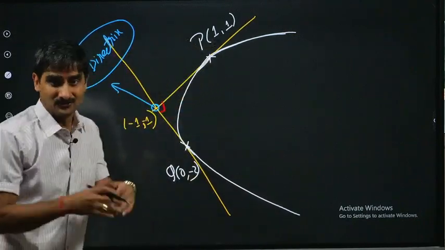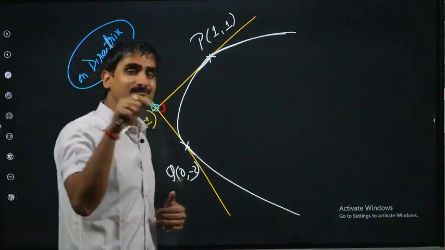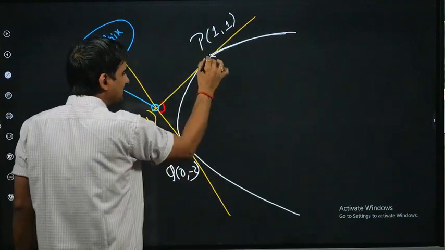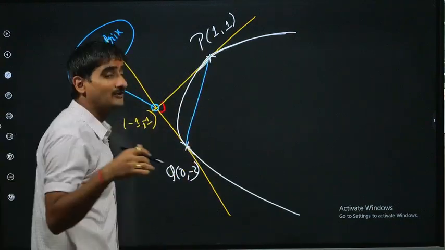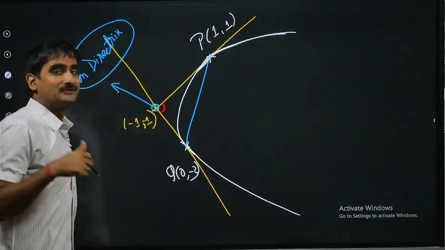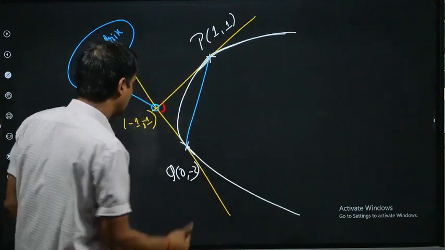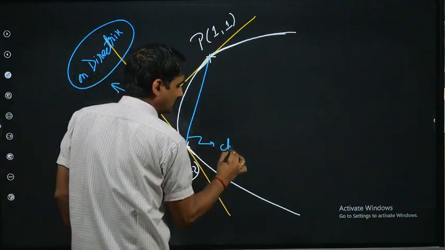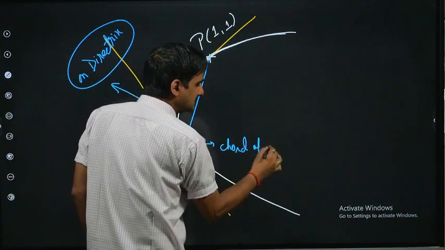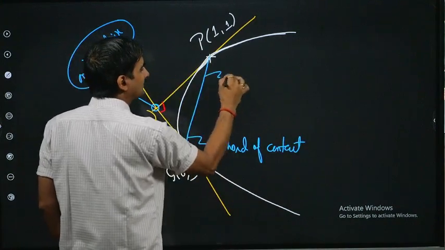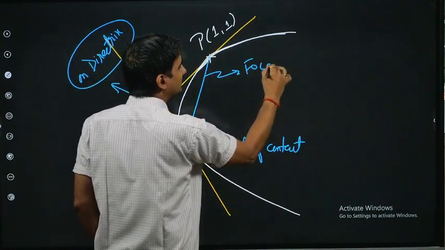Moreover, if the tangents are perpendicular, then their chord of contact, so this is the chord of contact, is nothing but the focal chord.